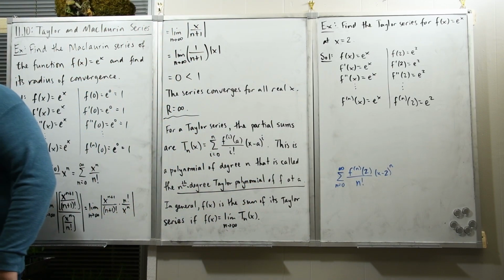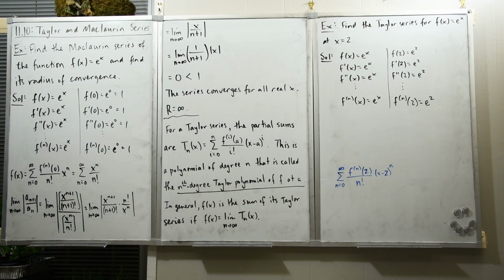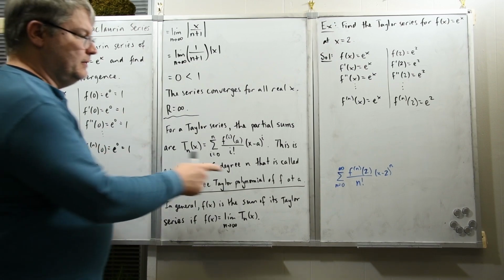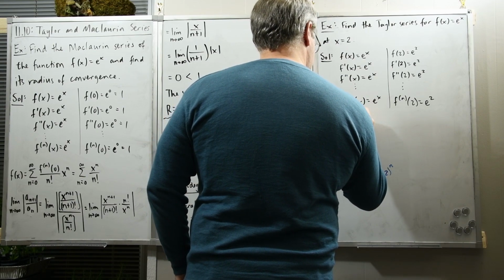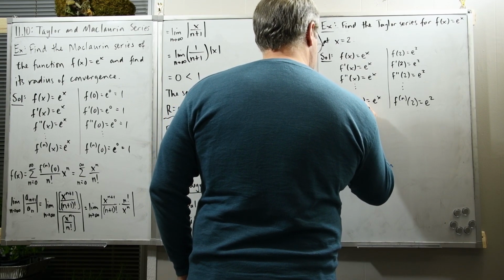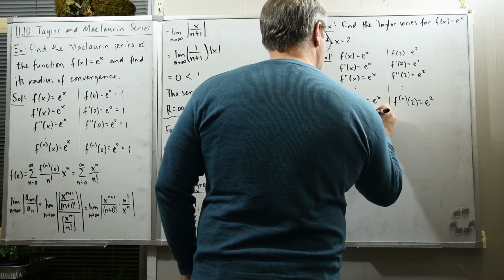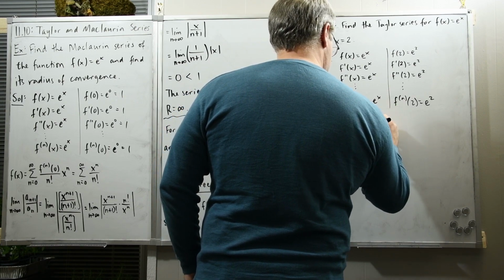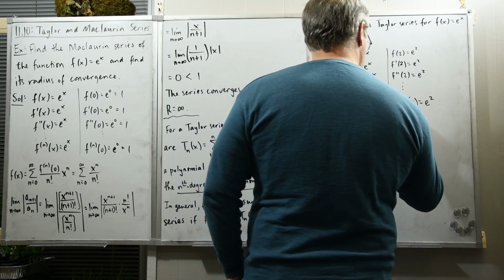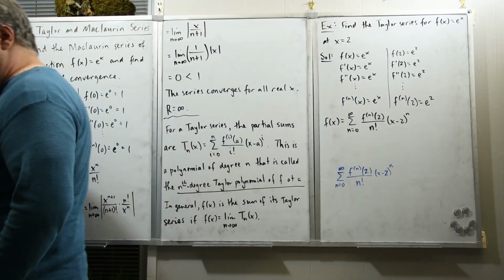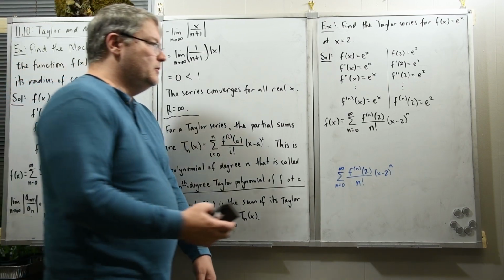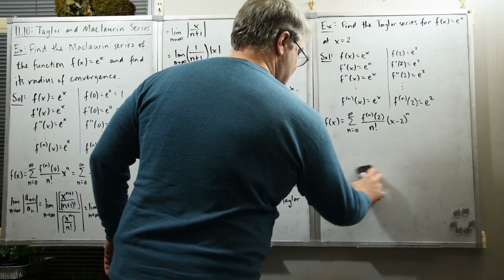So with this in mind, if we are putting together our Taylor series, remember, this is the form we're looking for. f of x is going to be the summation n equals 0 to infinity of the nth derivative of f at 2 over n factorial times x minus 2 raised to the nth power, but we know what the nth derivative of f at 2 is. It's going to be e squared.